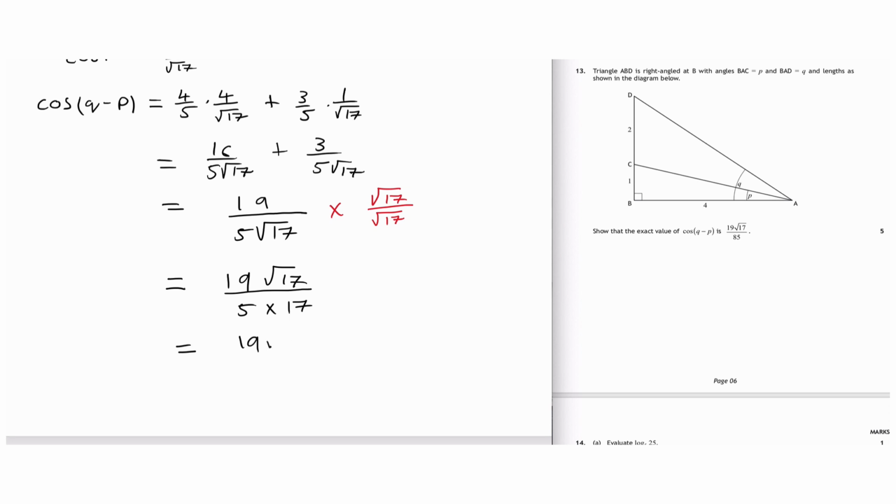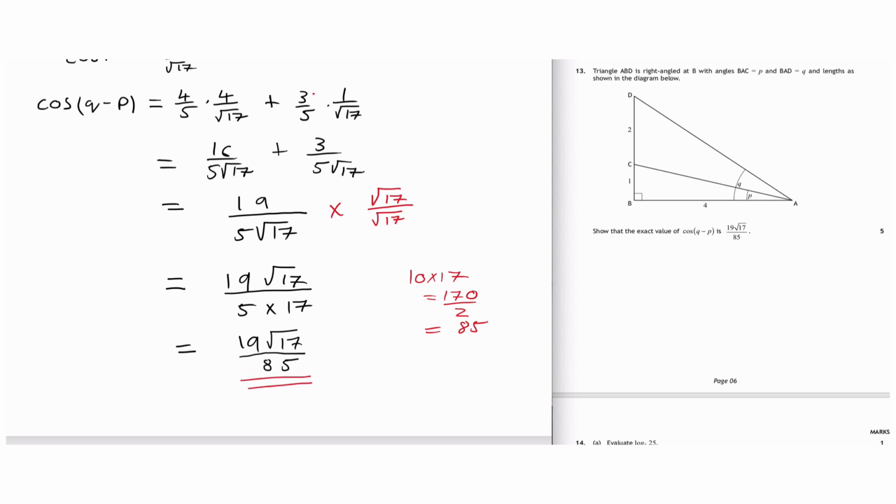We can just do a little aside. So you get 5 times 17. I'm not quite sure what to do, but I could do 10 times 17. So 10 times 17 equals 170. 170 over 2, 85. So that is 85. And that's exactly what we were looking for in the question.